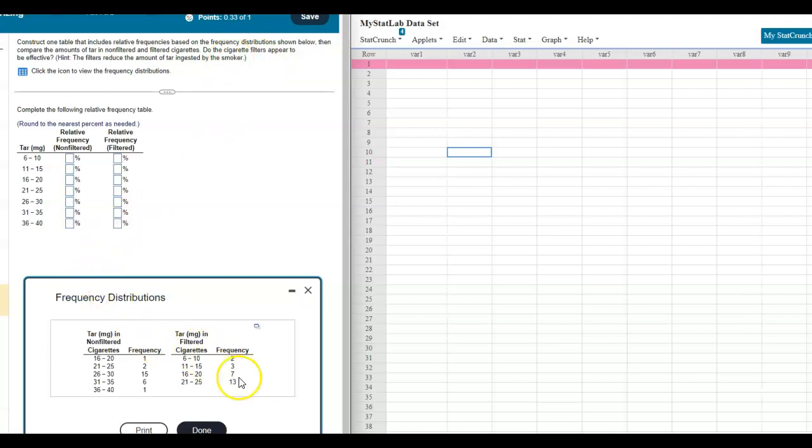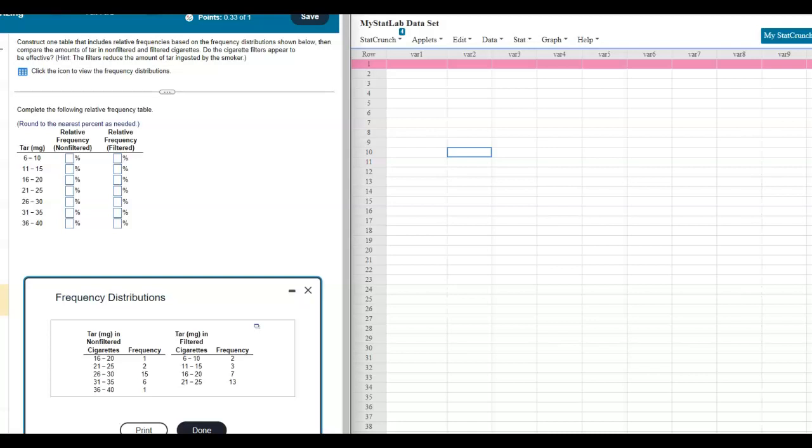So essentially what we're being asked to do is to take these frequency distributions and turn them into relative frequency distributions. There are a few ways we could do that. One way is that we know to get the relative frequency, we need to divide each frequency by the sample size.